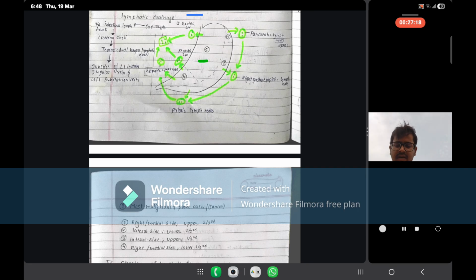First is the right medial side upper two third part. Second is the lateral side lower two third part. Third is the lateral side upper one third part. And fourth is the right medial side lower one third.